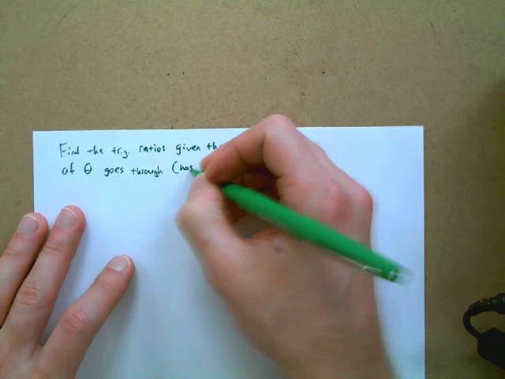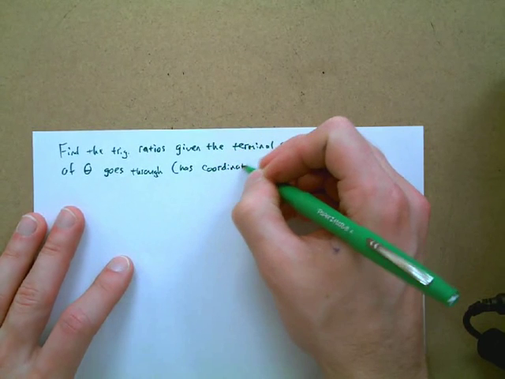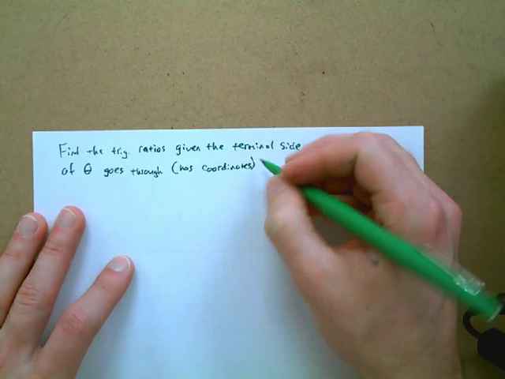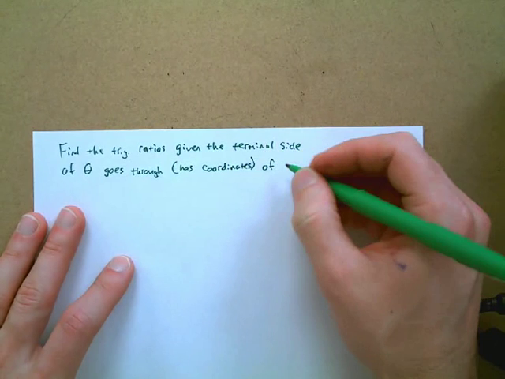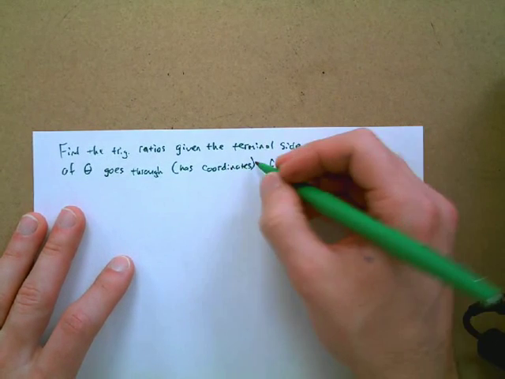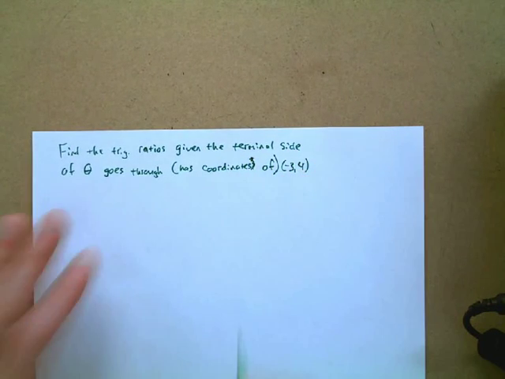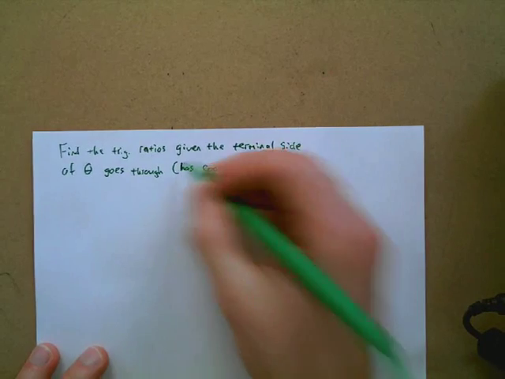Oops, I should probably put "has coordinates of." That makes more sense. So find the trig ratios given that the terminal side of theta goes through or has coordinates of negative 3, 4. That's our goal here.